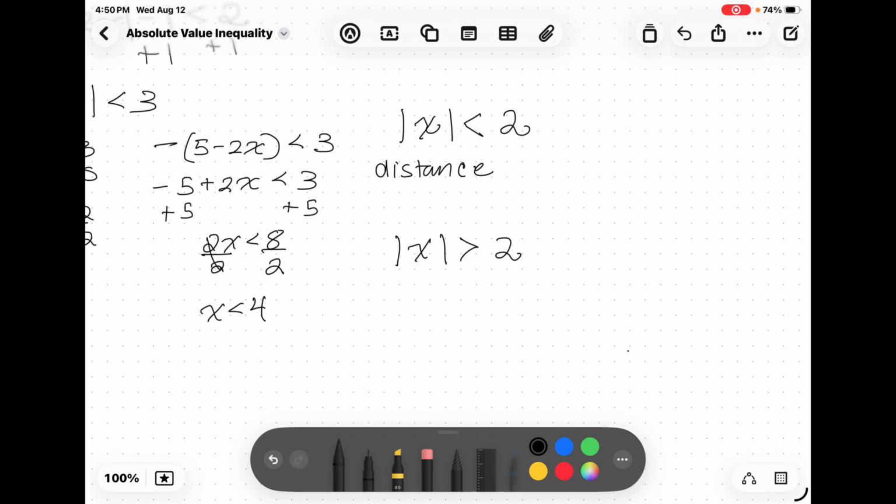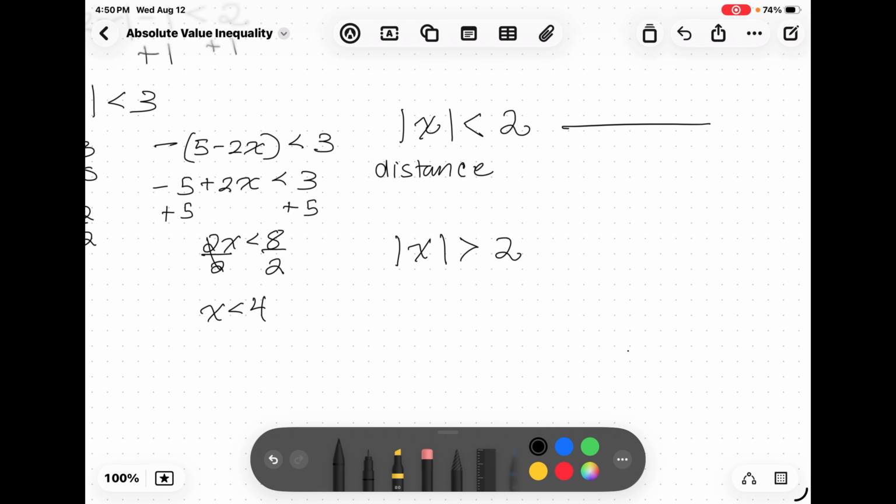If the values of x is less than 2, what did that mean about distance? It means its distance from 0 is less than 2 units. So I might be stacking on a lot for you here, but a way of thinking about this is that I want all values for x so that the distance from x to 0 is less than 2.